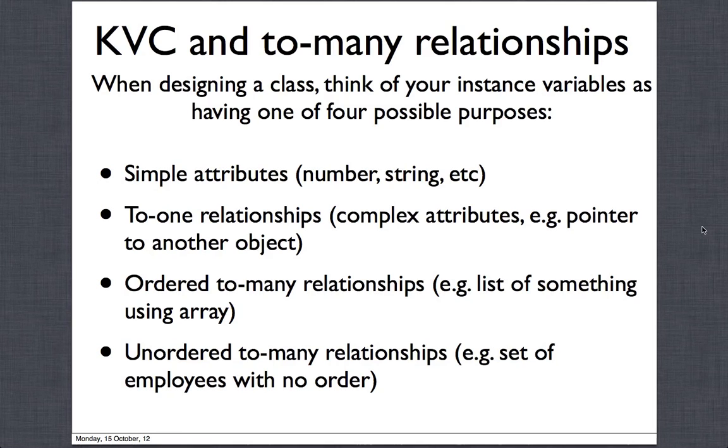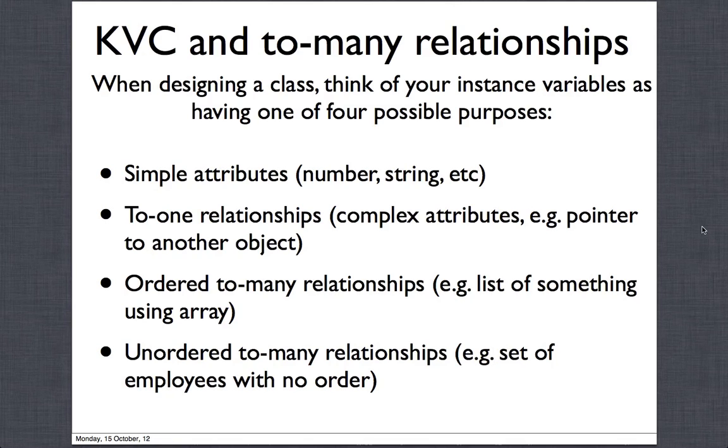That is just a string and a number, that is a simple attribute. You could also have a variable which is a to-one relationship, meaning it's a complex attribute. It's something that still points to something single, but that something single is not just a value, it's another object. It's a pointer to another place in your application.